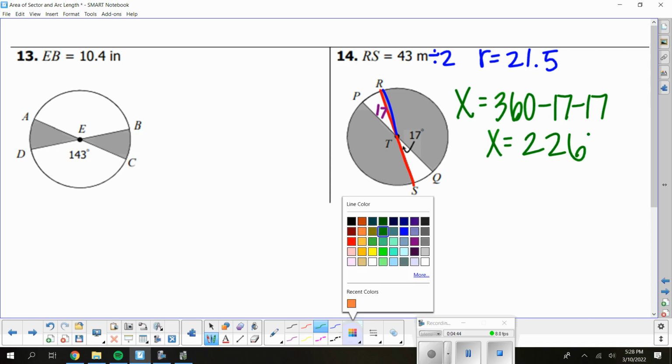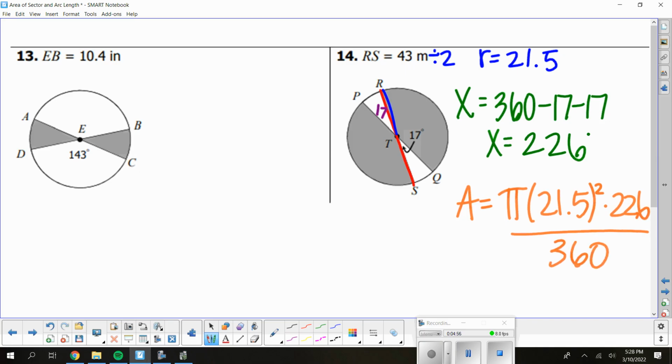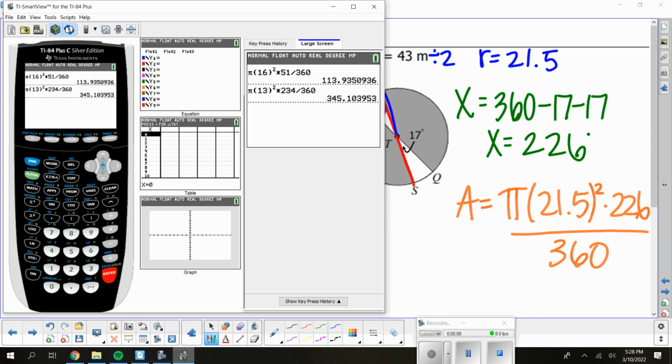All right, so let's plug into that formula. Area equals pi radius squared times 226 all over 360. Again, I am just keeping those two shaded together. You could find them separately if you want, but in my opinion, I'm just going to keep them together.